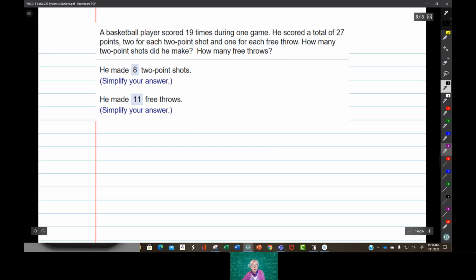A basketball player scored 19 times in one game.